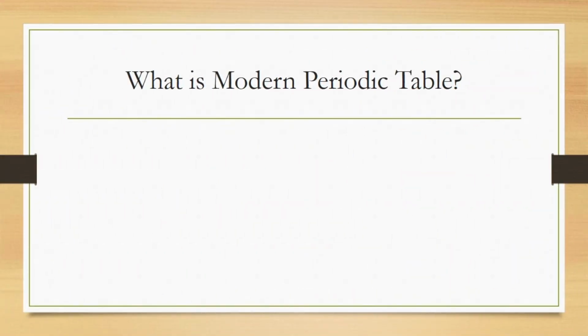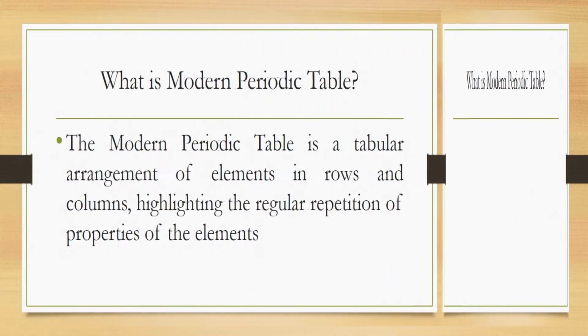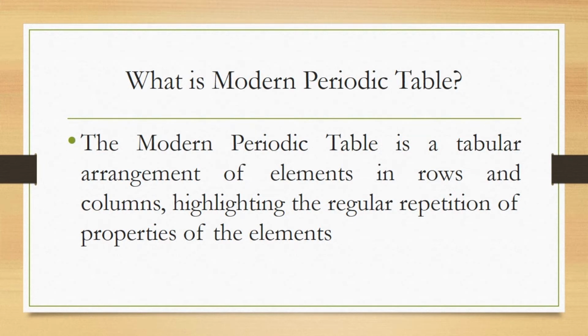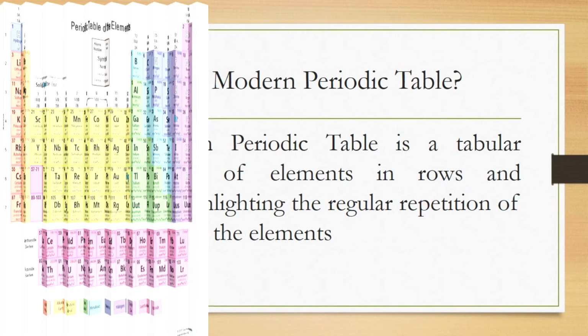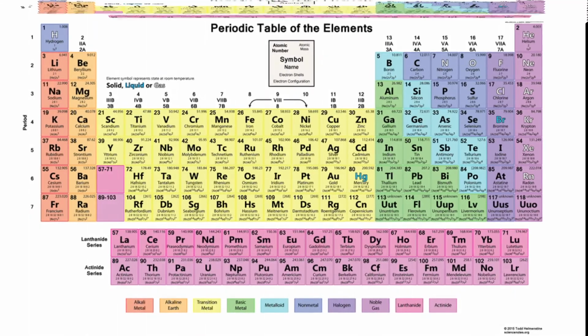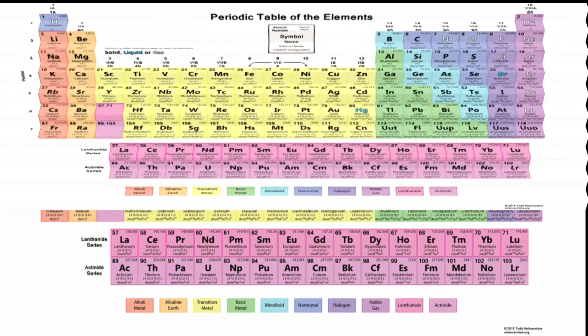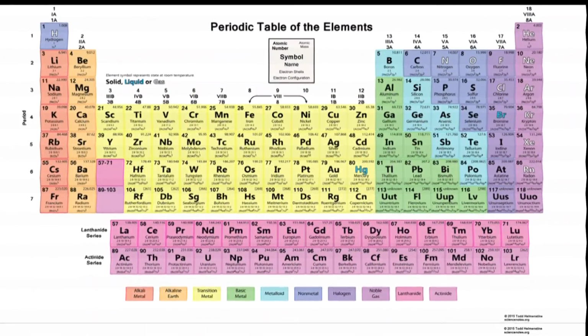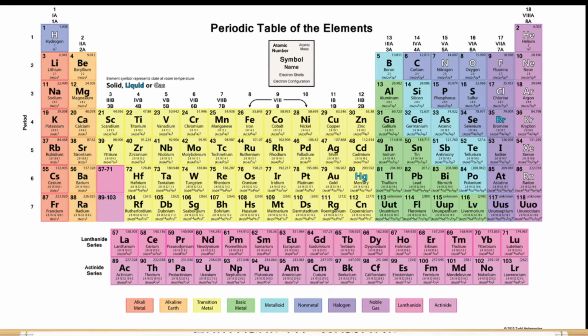The modern periodic table is a tabular arrangement of elements in rows and columns, highlighting the regular repetition of properties of the elements. If you see the periodic table, you can see rows and columns in which the elements are arranged in increasing atomic number.